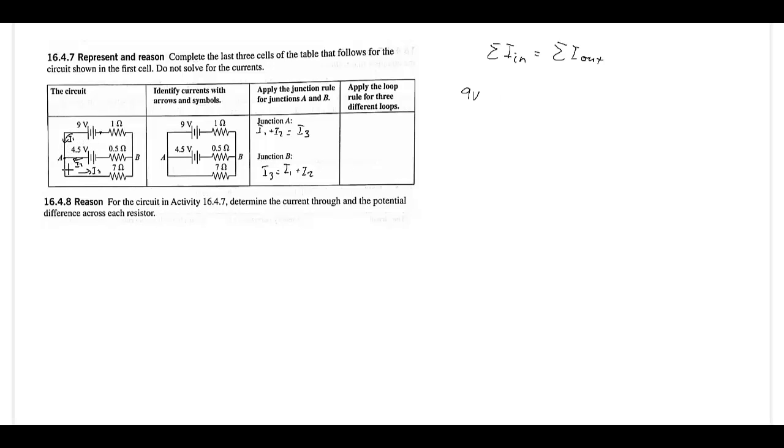Following the loop around in the direction of the current, we then come to this resistor, so we got minus 7 ohms times I3. And then coming back up around, we've got minus 1 ohm times I1, and this all equals 0. And that's this loop up here. Alright, let me draw that in.